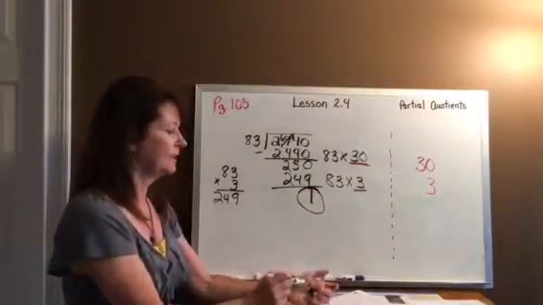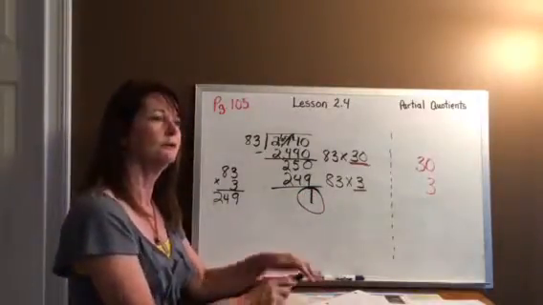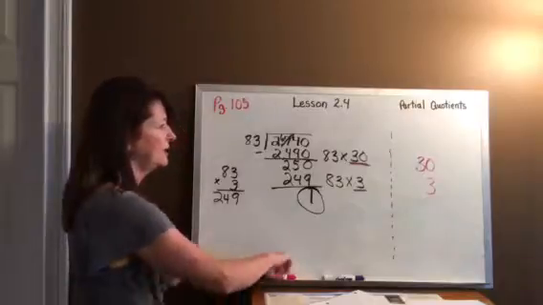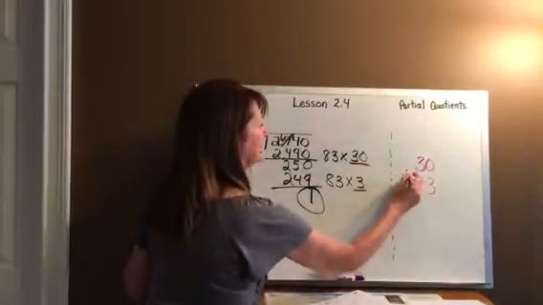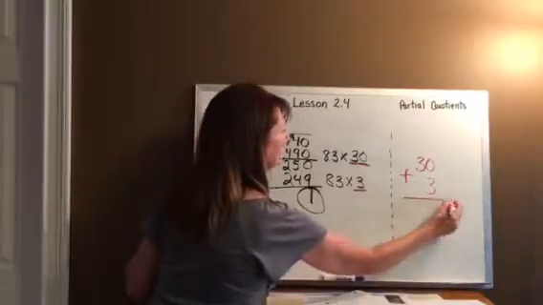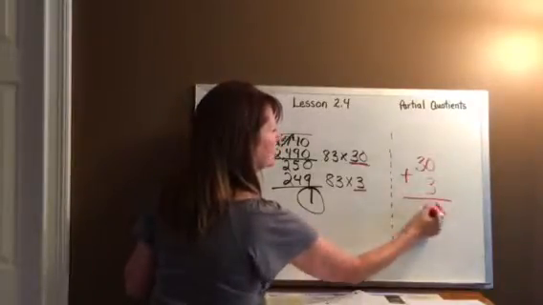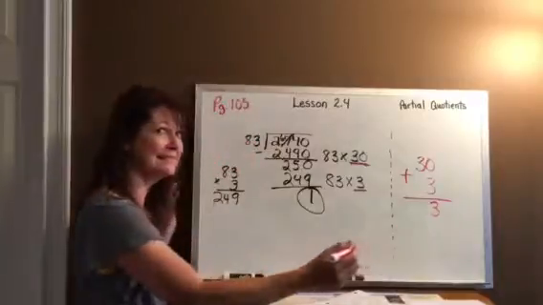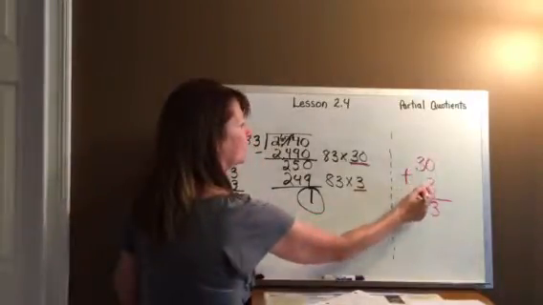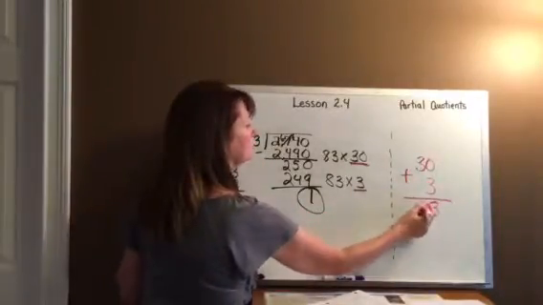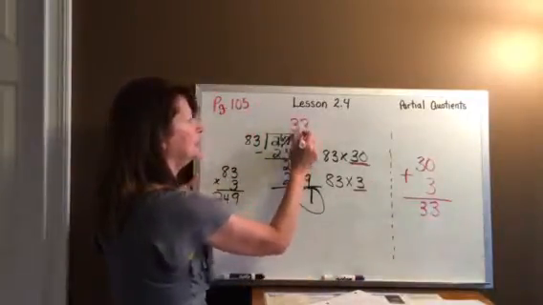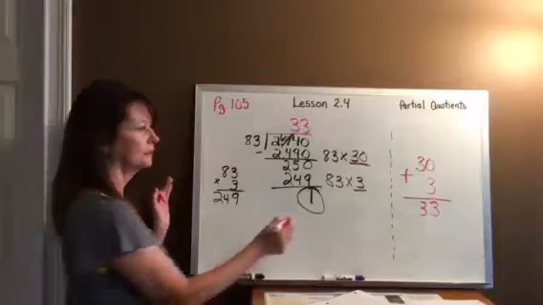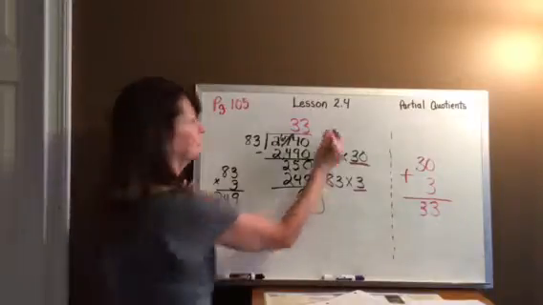That's our remainder. Now, what's our full quotient? What's our answer going to be? Well, remember, we're going to move over here. We're going to add these together. 0 and 3, keeping our numbers all lined up nicely. And then 3 plus nothing, 33. So my answer is 33, remainder 1.